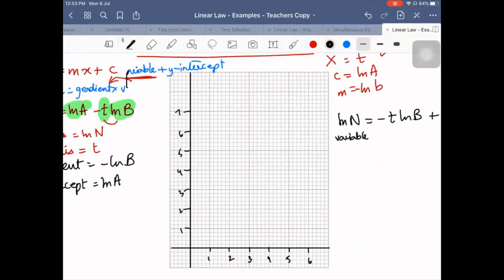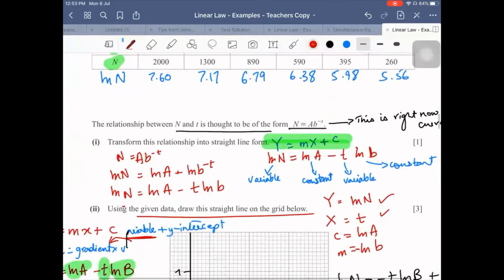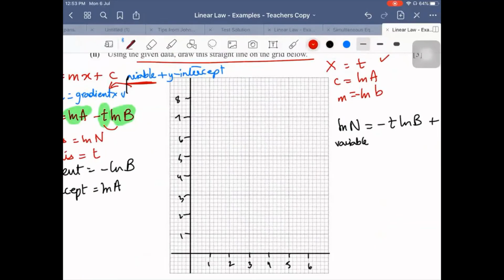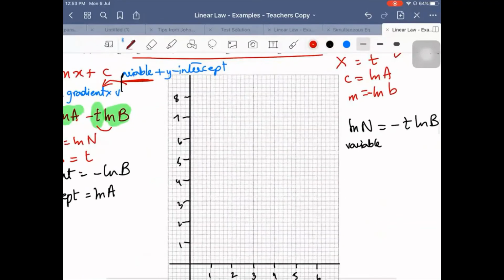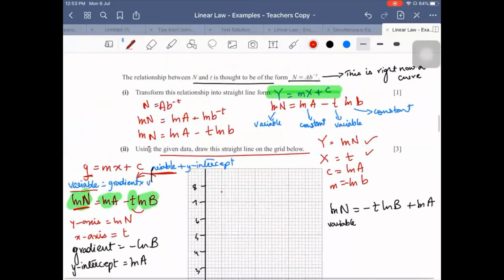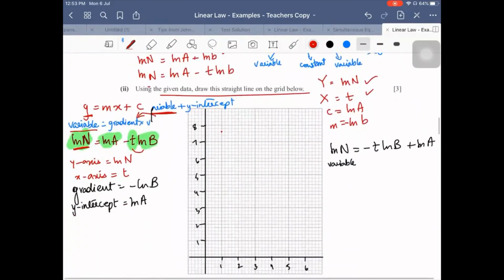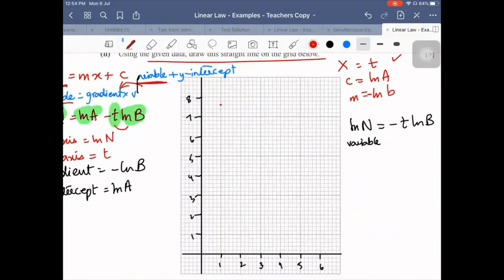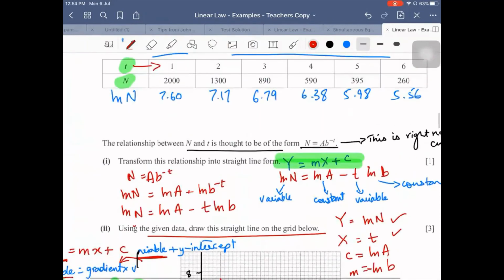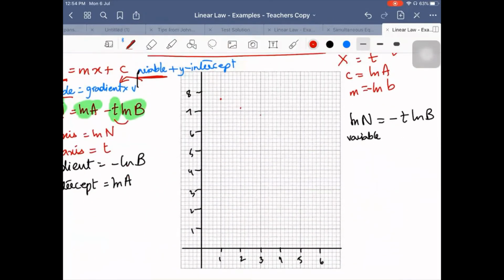The first point that I need to plot is 1 and 7.60. 8 should work here. 1 and 7.6, sorry, I put this in the wrong place. Okay, that's the first point. 2 and 7.17, I'll plot this here. And 3 and 6.79, 3 and 6.8 is here.